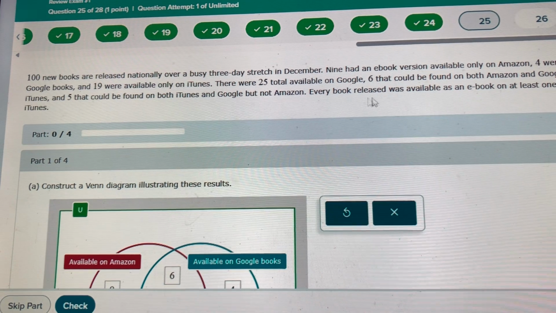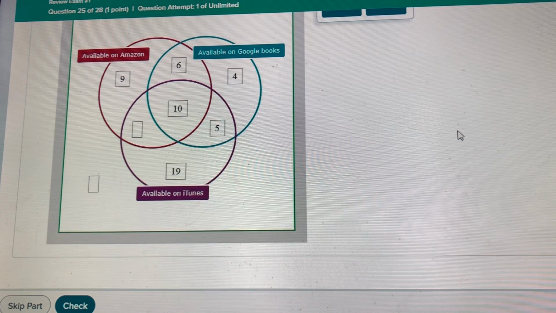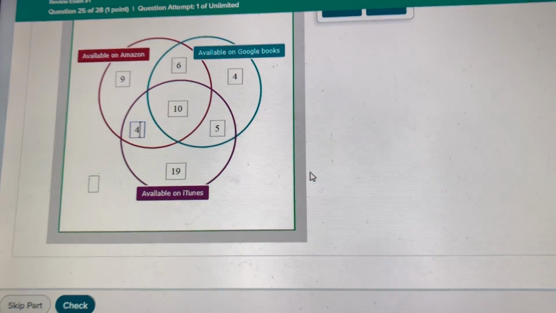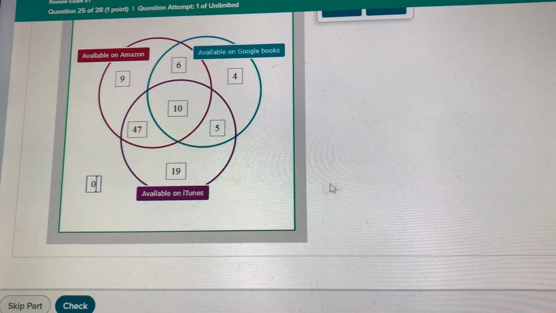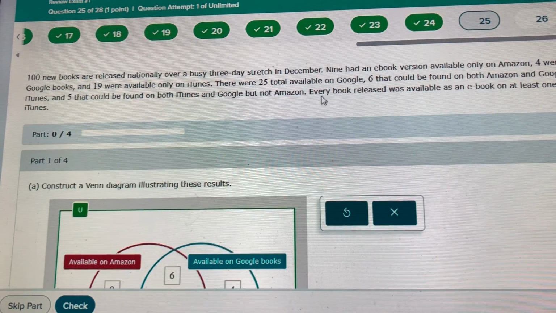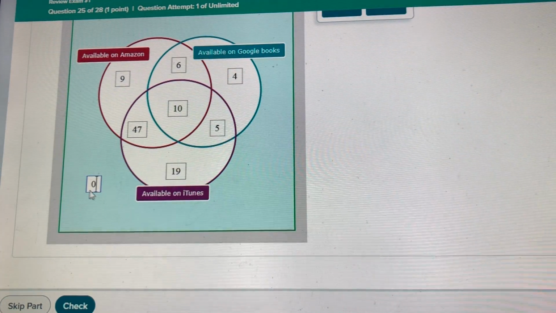Oh, wait, right here. Every book released was available on at least one of them. Okay, so then does that mean this is the whole 47 and this is 0? I guess that's what that must mean. Every book released was available as an ebook on at least one of these, so there's nothing that are on none of them.